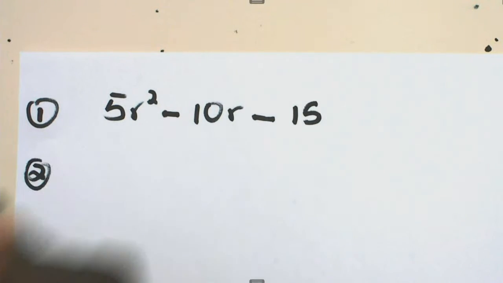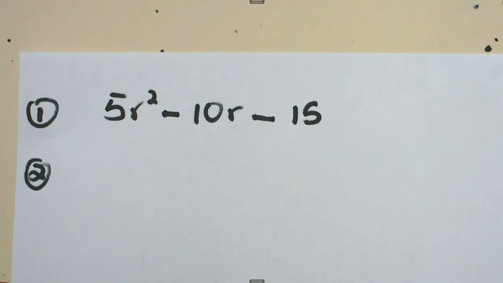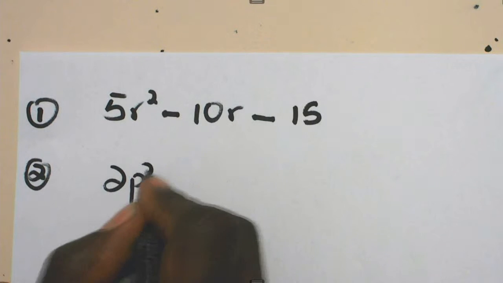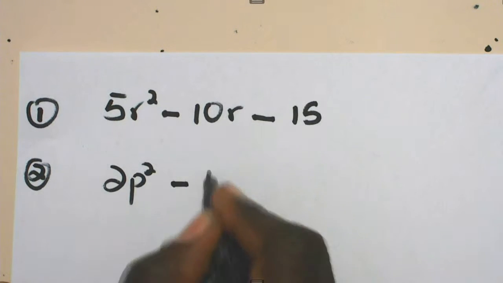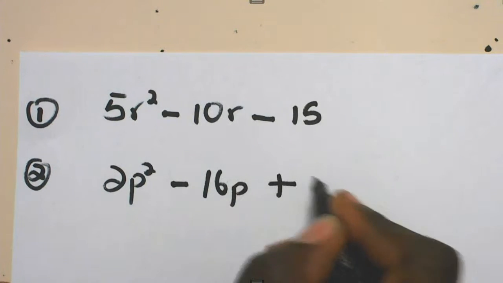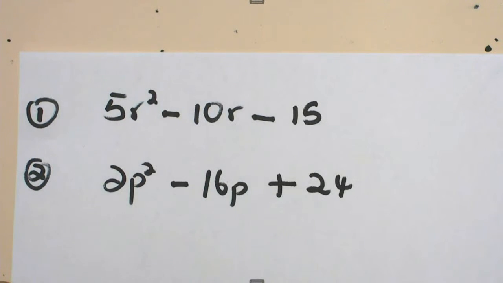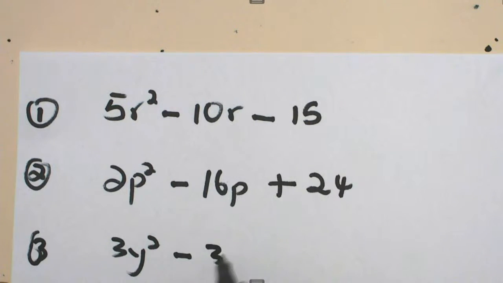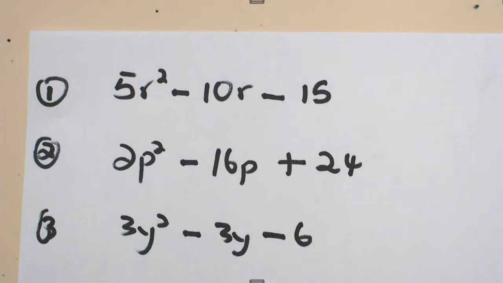Number 2 is 2p squared minus 16p plus 24. The third one is 3y squared minus 3y minus 6. These are the 3 that I want you to finish at home.